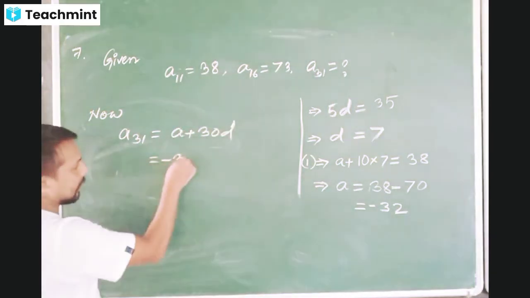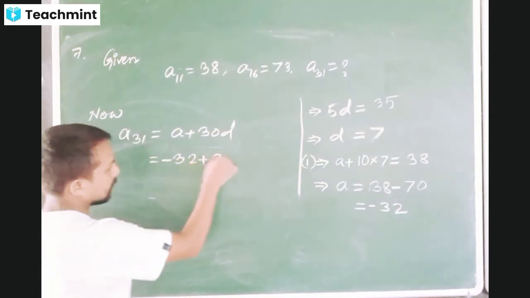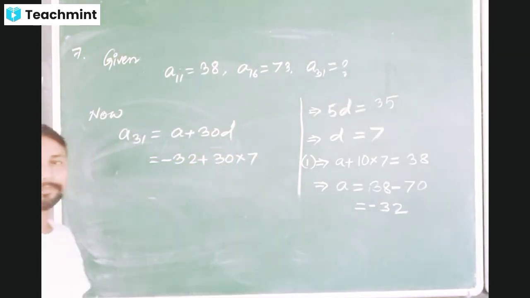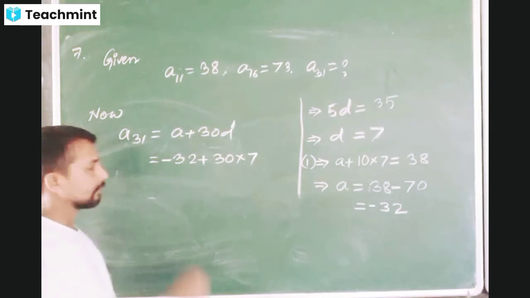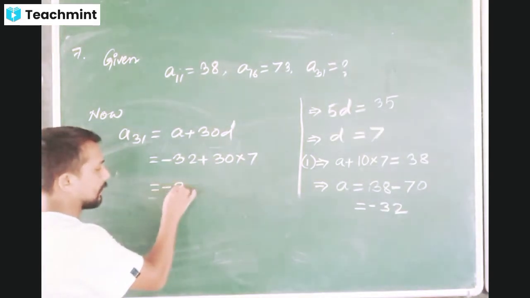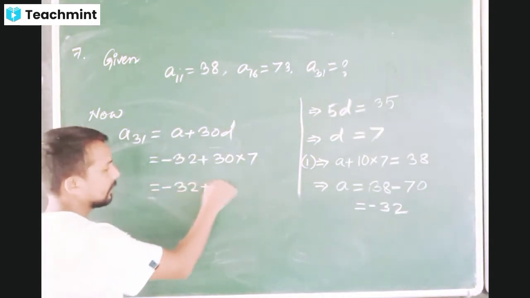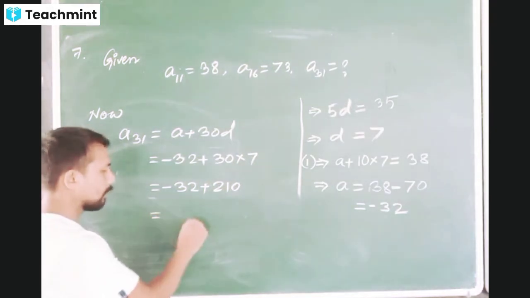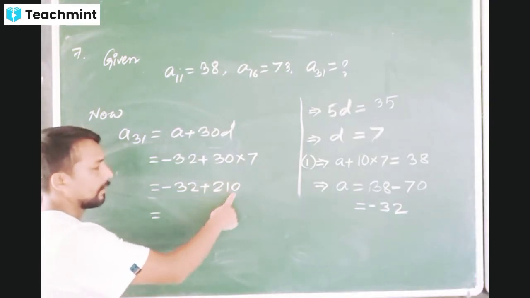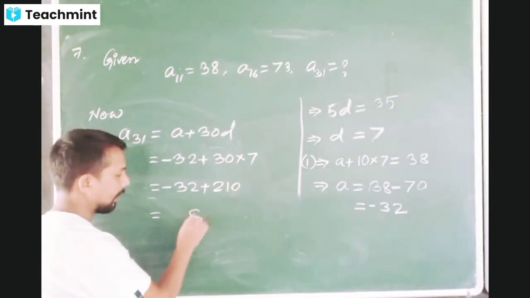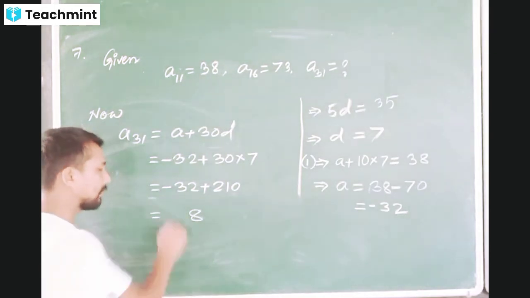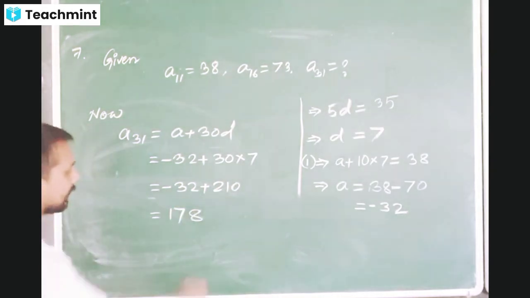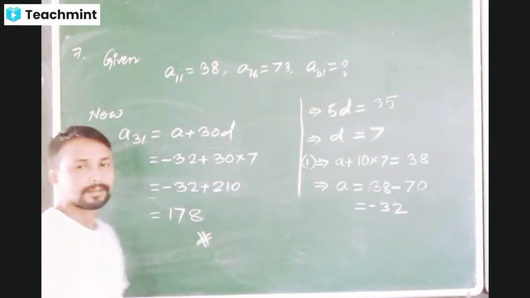A we have as minus 32, plus 30 into 7, the D value. Minus 32 plus 210 equals 178.